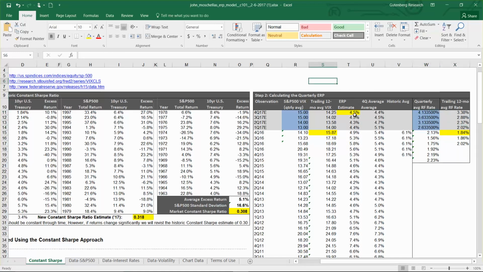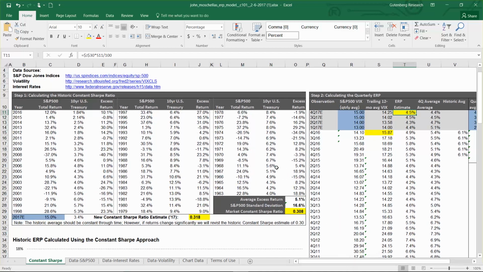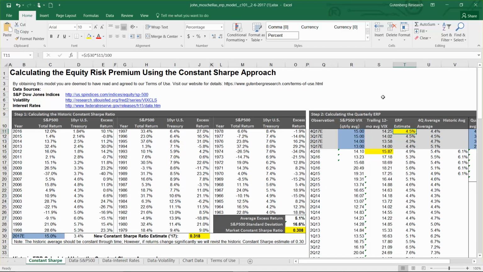Okay, so when you do that in that sort of Goldilocks scenario, you end up with an equity risk premium of just 4.5% at the end of 2017. So at that point, equities across the board will increase in value, as will Apple, and that'll be a pretty good scenario for the economy.